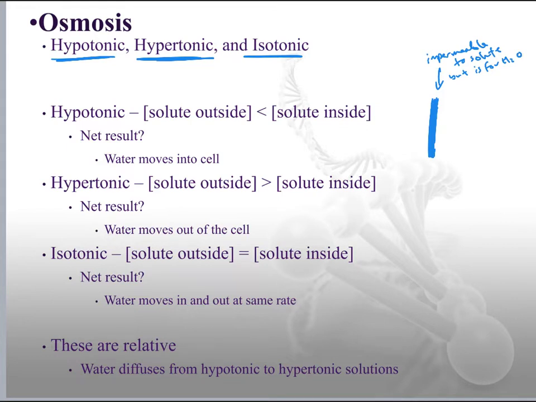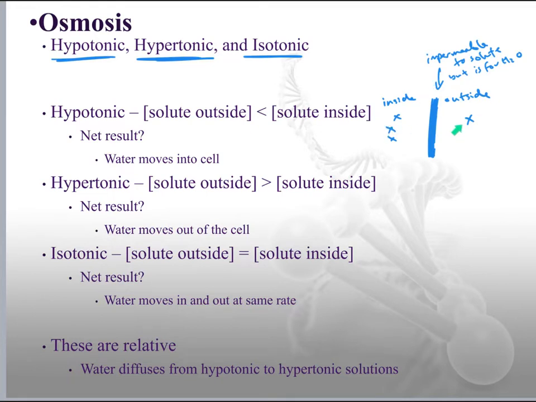We'll say this is the inside of the cell, this is the outside of the cell. What sort of situation are we going to get here? Well, for hypotonic, the concentration outside of the cell is less than the concentration inside. So we'll just put one particle there and 3 particles here. The concentration is greater here, and it's less on this side.